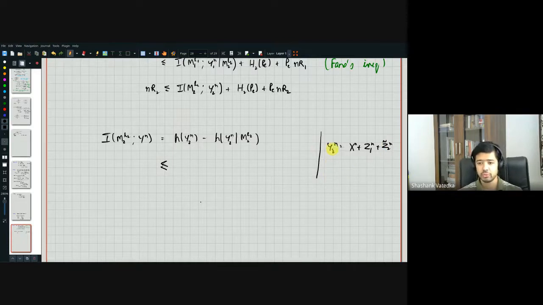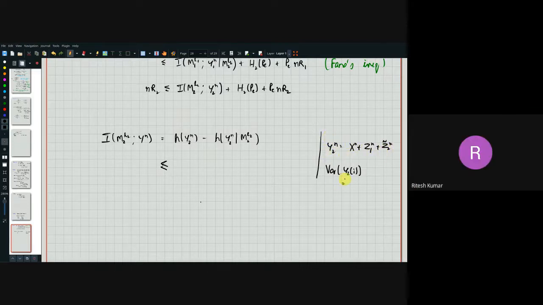So what can you say about the variance of Y2^n, or the variance of, let's say, Y2(i) for any i? Note that X^n, Z1^n, and Z2-tilde^n are all independent of each other, right? So the variance of Y2 is the sum of the variances of each of these. So what is that equal to?